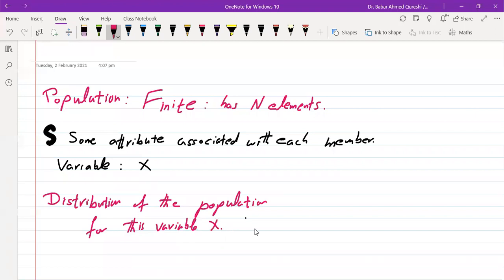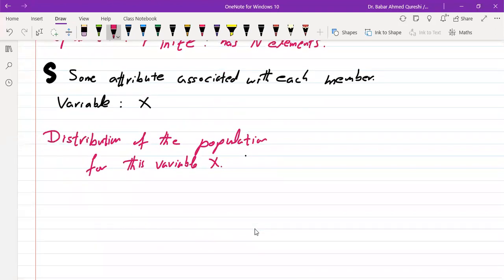So what is this distribution telling me? It's telling me that if I plot this variable, if I draw a histogram, then how many times a particular value of x is found in the population. So it just tells me about the frequency of different values.